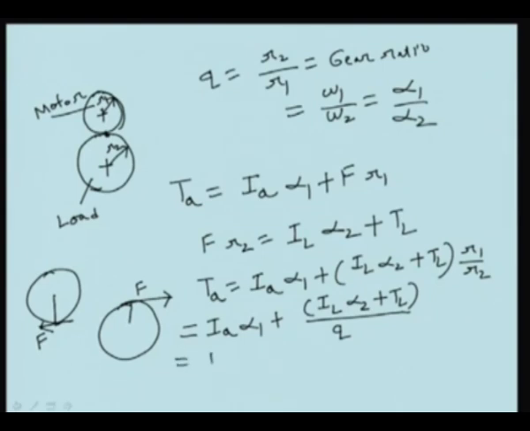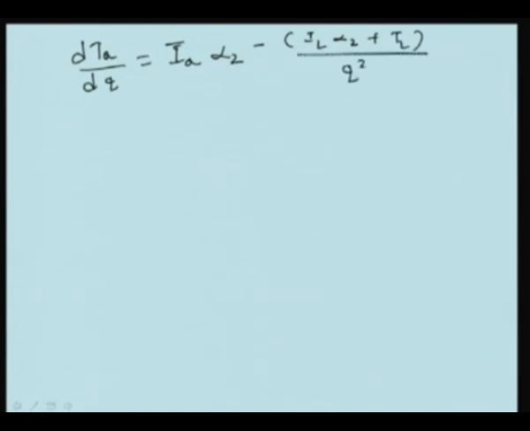So, better to put it as IA Q times alpha 2 plus IL alpha 2 plus TL divided by Q. Now dTA by dQ is equal to IA times alpha 2 minus (IL alpha 2 plus TL) divided by Q square. This is equal to 0 for minimizing the torque.